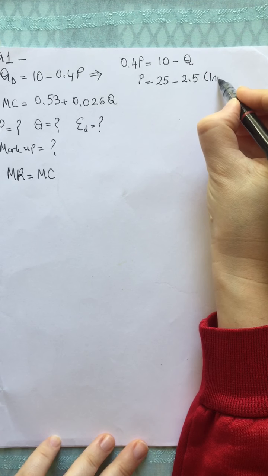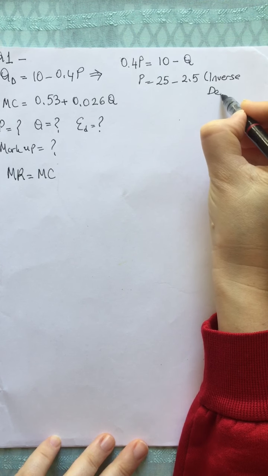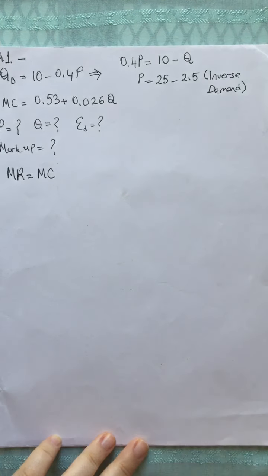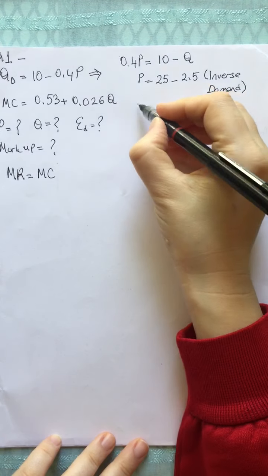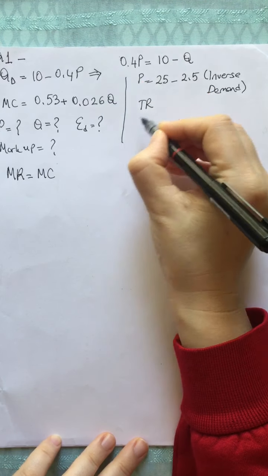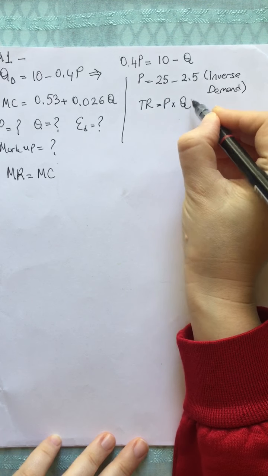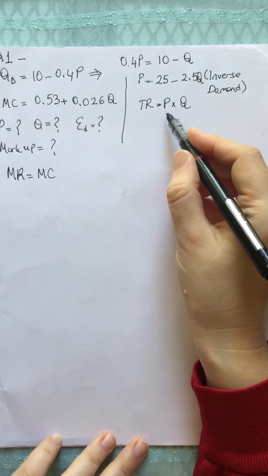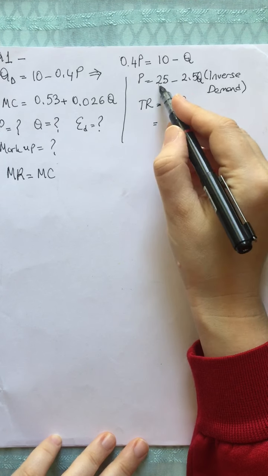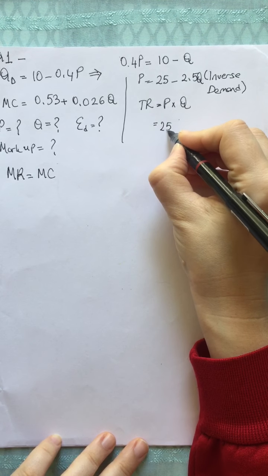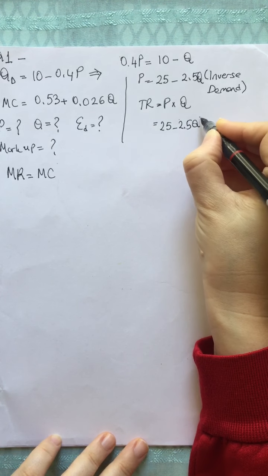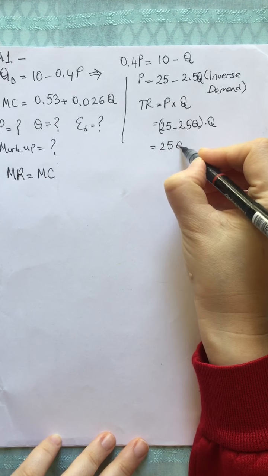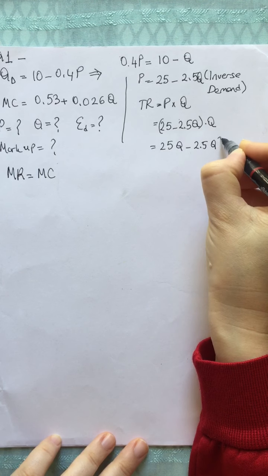This is called the inverse demand function. And in this inverse demand function, now we can find the total revenue, which is price times quantity. Price is determined by the inverse demand, so 25 minus 2.5Q is price times quantity: 25Q minus 2.5Q squared.